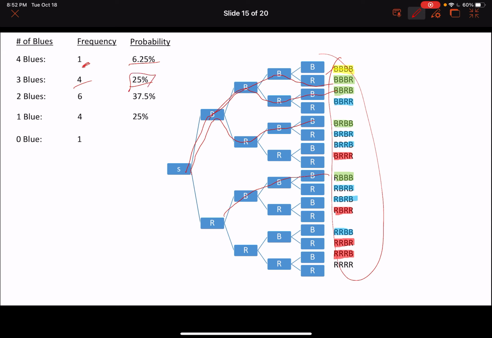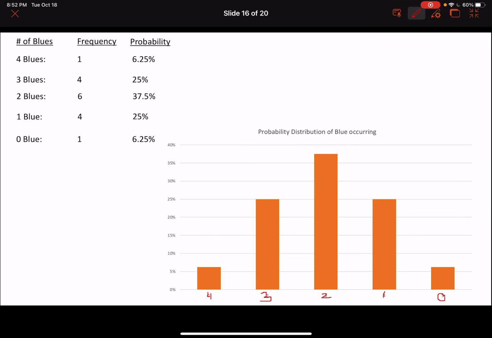That's kind of obvious. And we just calculate the probabilities: 1 over 16, 4 over 16, 6 over 16, etc. And if we graph this, these are the number of occurrences of blue. That's 25% there, and that's 37.5% for it occurring twice.